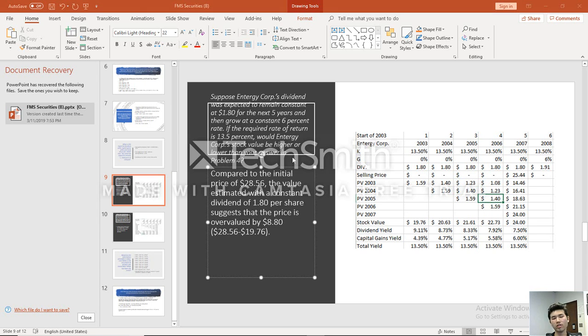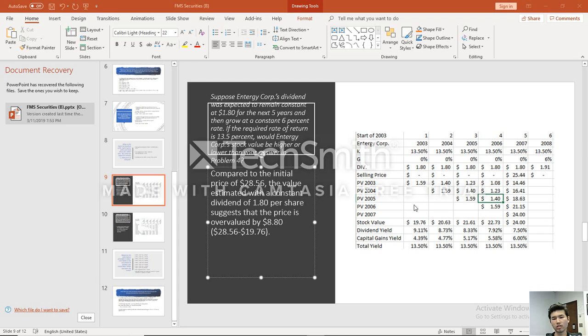And the answer is that the problem 4 value, which is already calculated at $28.56, will be higher than the price being calculated here, due to the fact that you have a consistent dividend being dispensed at $1.80. However, you don't have a 6% growth rate for the first 5 years, and you have a different terminal value, which was 7.5% in question 4 versus a 6% terminal value. Therefore, you're going to have lower present values of cash flows.